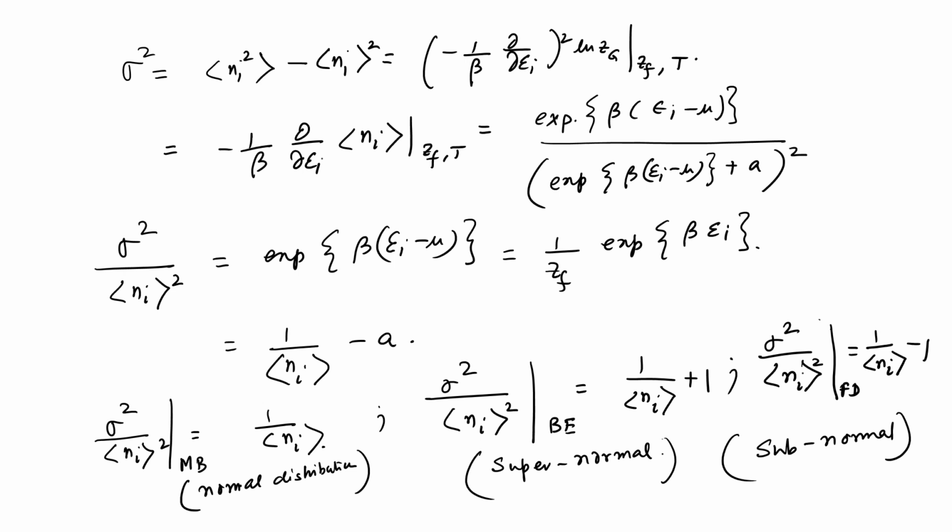Independent of the name, what it rather says is that the bosons actually promote fluctuations. In fact, if there are a large number of particles in one given energy state, it will favor or rather enhance fluctuations, and so that is why you see a supernormal distribution for this sigma square by n I square, whereas this hardcore condition, hardcore means the Pauli exclusion principle is often called a hardcore, which means that one particle does not like another particle and they strongly repel each other, and it is not a possibility that two particles will occupy the same energy state.